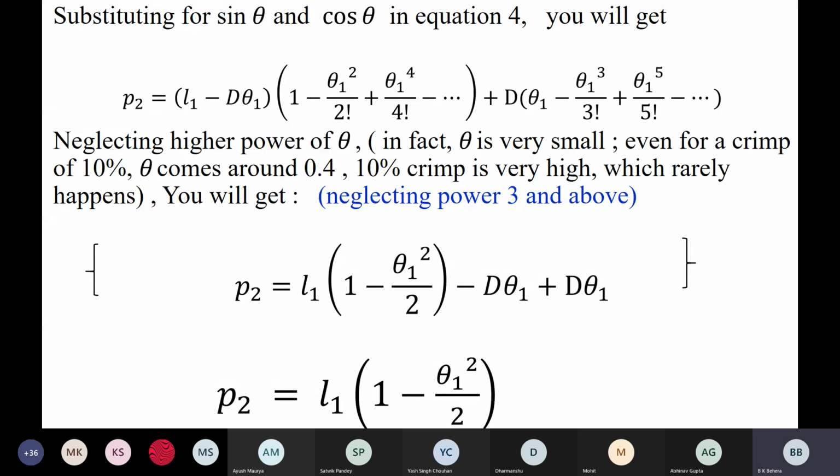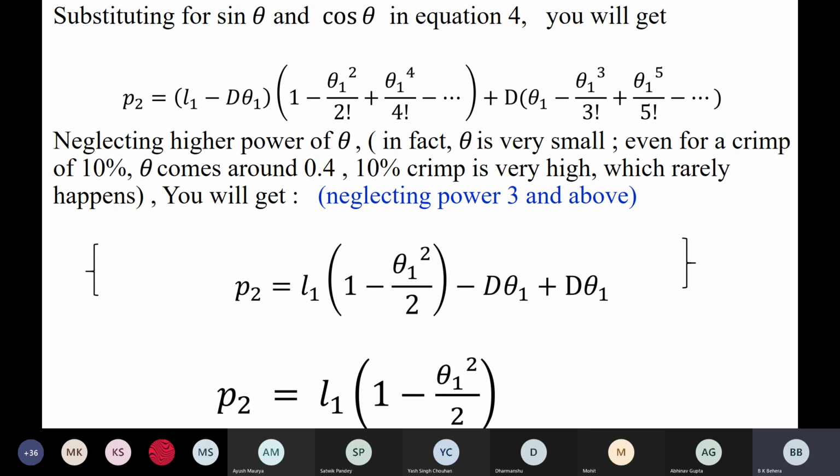I have already shown you what the value of this theta is. It is a very, very small weave angle in fraction. So normally, while putting the actual value of theta, we can conveniently neglect the higher powers of theta.